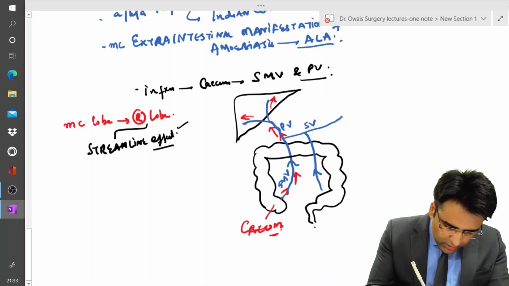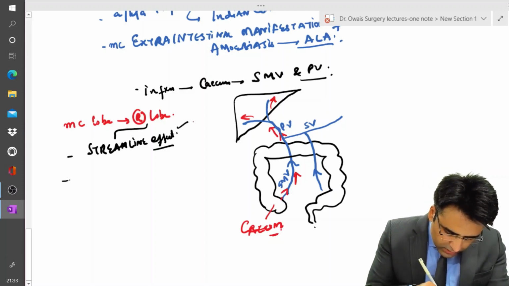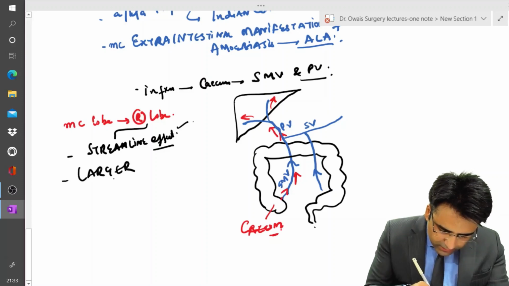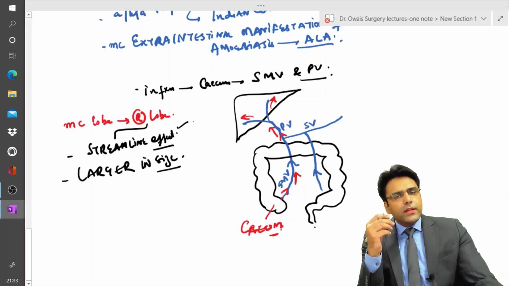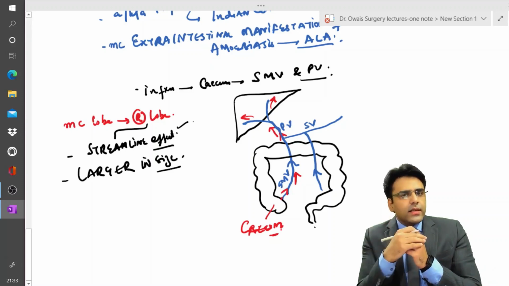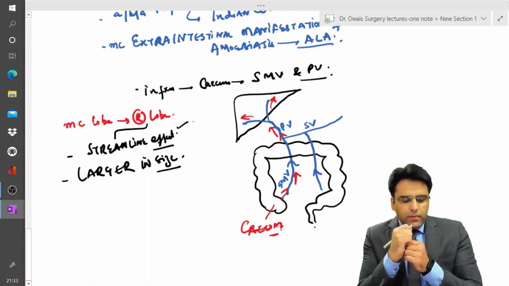So this is called the streamline effect. Also, the right lobe is larger in size. So due to these two factors, the streamline effect and the larger size of the right lobe, the most common lobe involved is the right lobe of the liver.